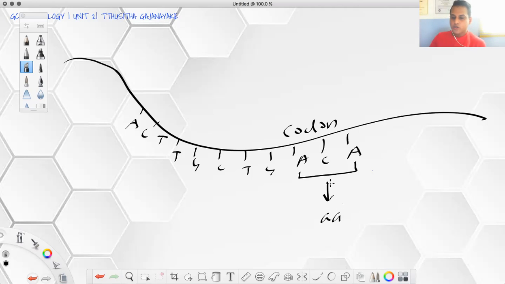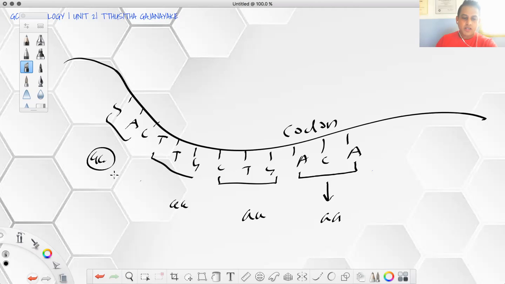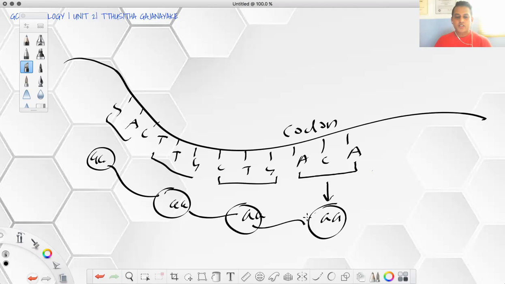So all these provide code for different amino acids. And you know, when protein is being made, these amino acids join together to make the protein. So now these protein structure codes are written on the DNA molecule.